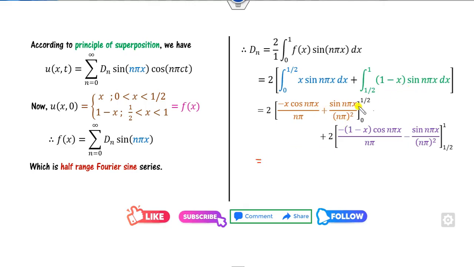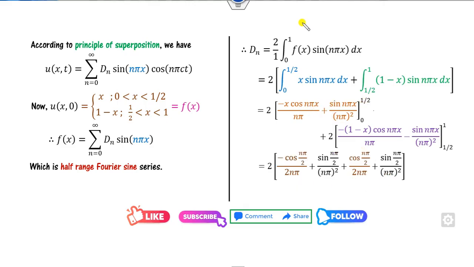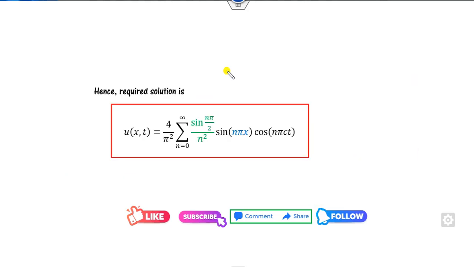Now you can substitute the limits. When you substitute x is half, you will get this expression. Clearly this value and this value will cancel out. It is 2 times, so it's 4 over n square pi square sine n pi by 2. Substitute this value of dn in the principle of superposition, that is this value. Substitute this value of dn in this case, and you will get the required solution.